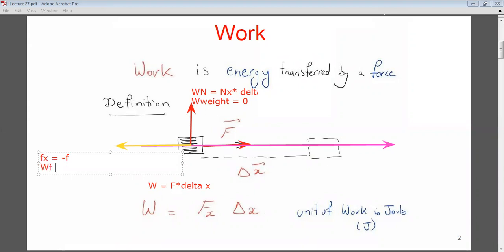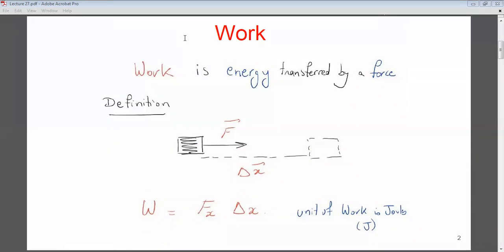So the work done by friction is Fx delta x, which is minus F delta x. So work can be negative as well. If the force is making an angle theta, then Fx will be F cosine theta.